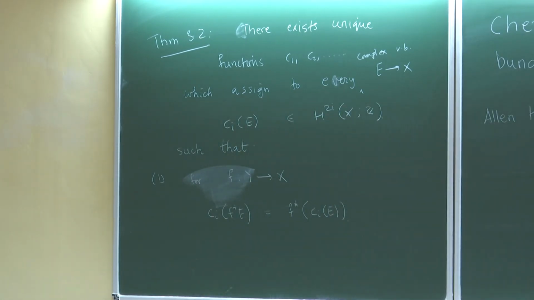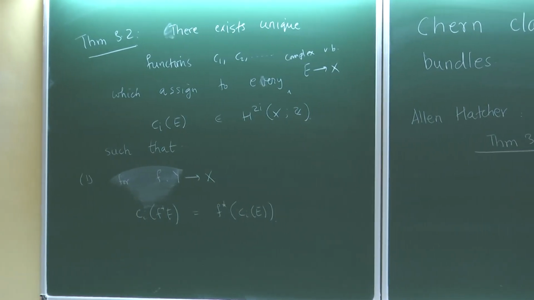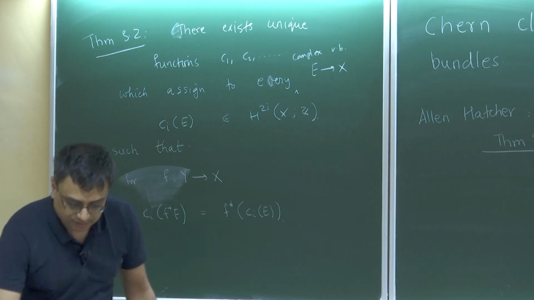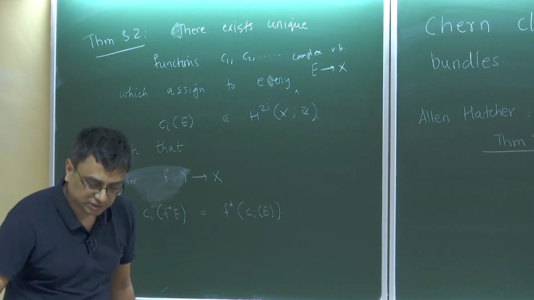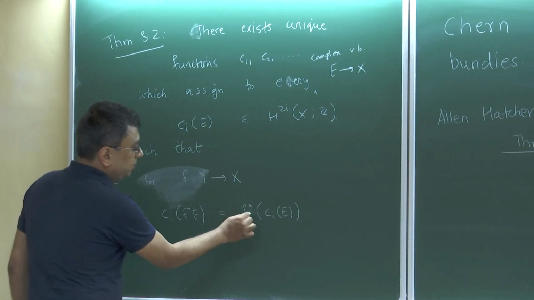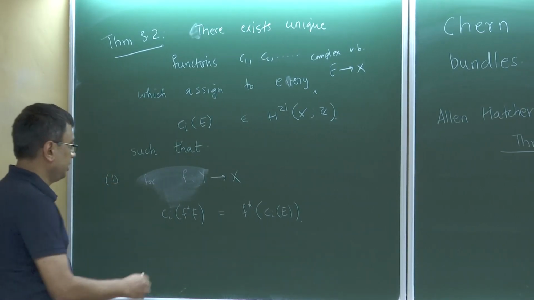We have to show that they exist, first see what properties are satisfied, and then show that there are unique classes which satisfy these properties. This is the pullback map defined on singular cohomology.